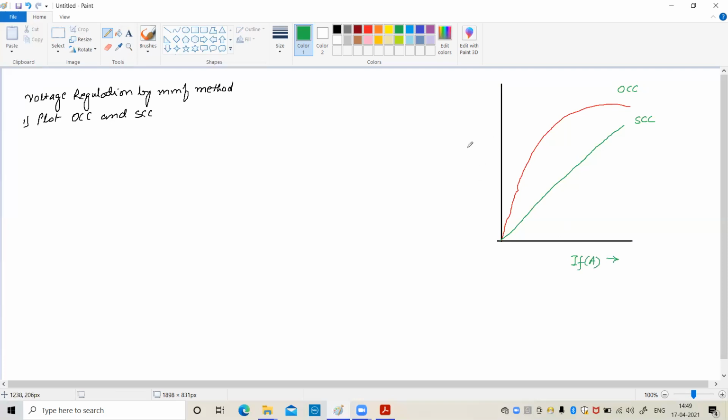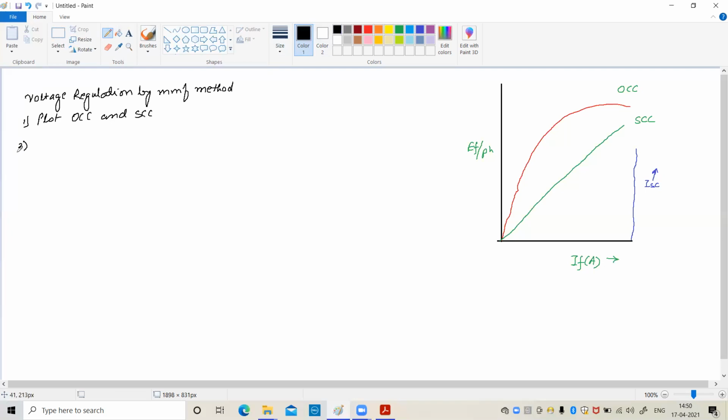And this is open circuit voltage per phase, EF per phase, and we can draw a line which represents the short circuit scale. So say this is your ISC in this direction. Now, first point is to plot OCC and SCC.